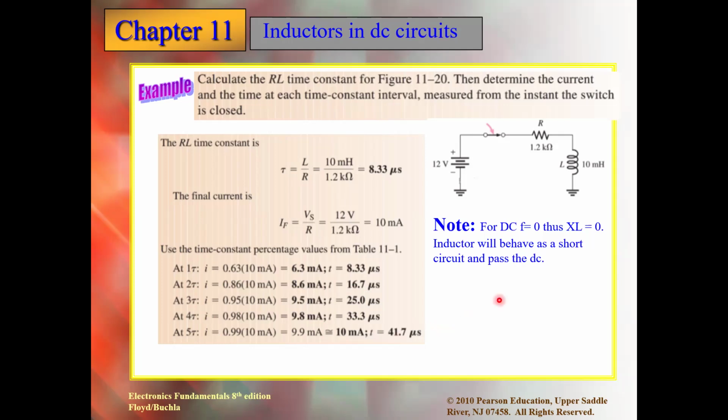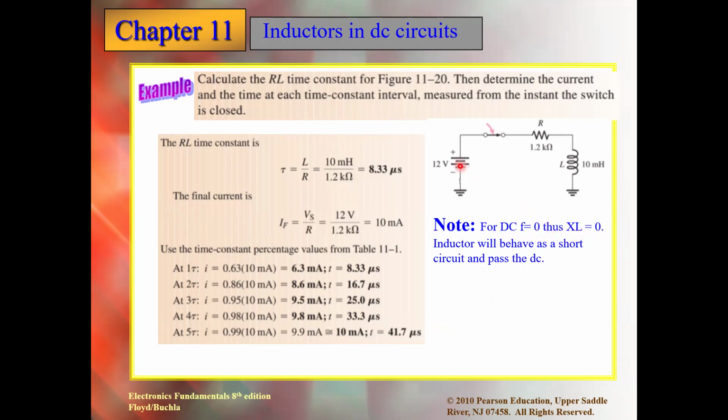All right, here is a note for you on how it basically becomes a short circuit. We know that for DC, f is equal to 0, right? So what will XL be? You know the formula for XL: 2 pi f L. Since f is 0, when the frequency is 0, XL will be 0. Getting it? So for DC, XL will be 0.